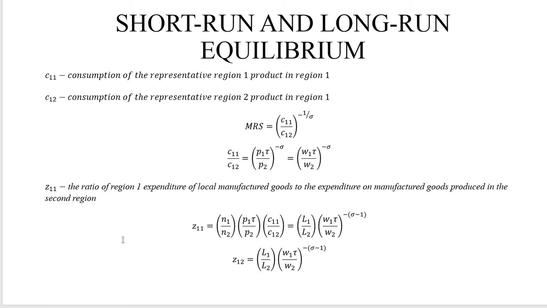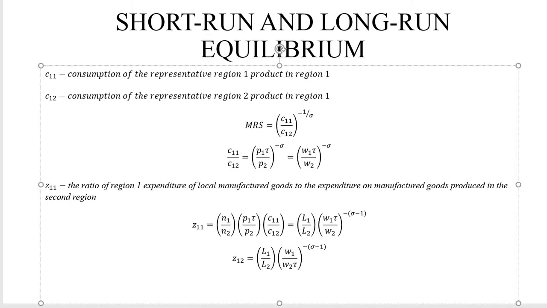So now we introduce Z11, which is the ratio of region 1 expenditure on local manufactured goods to the expenditure on manufactured goods produced in the second region. And this is how you calculate this. So the idea is like this.